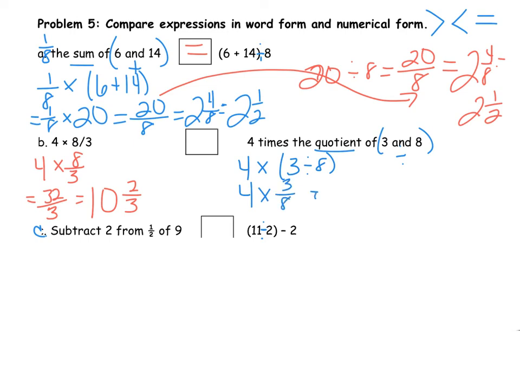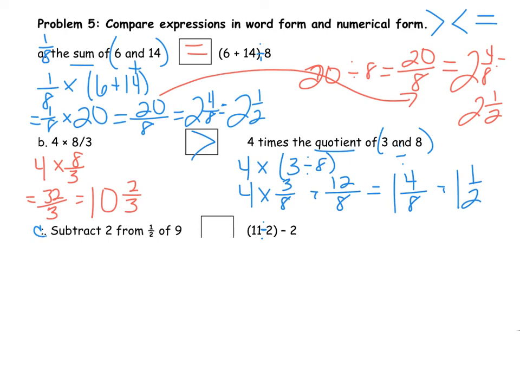So 4 times 3 is 12/8. Well, 8 goes into 12 one time. Taking away 8 gives me 4 left, which equals 1 1/2. 10 2/3 is definitely not equal to 1 1/2. So 10 2/3 is greater.